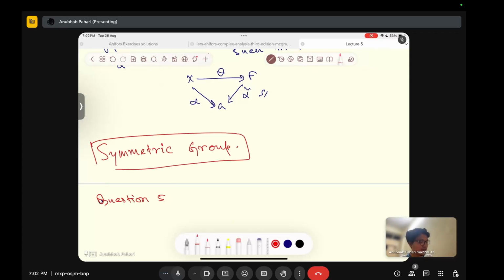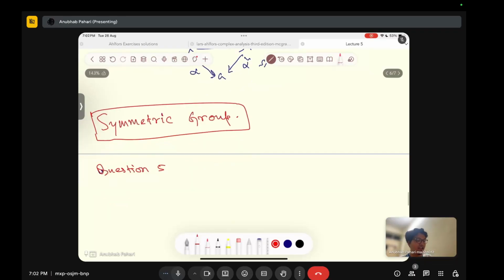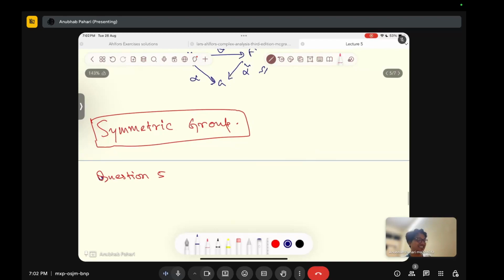I appeared for the NBHM exam once, this year. Actually, I was not prepared. This exam is taken in our department only, so I just appeared.